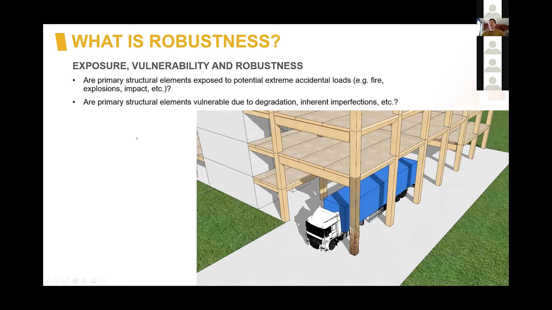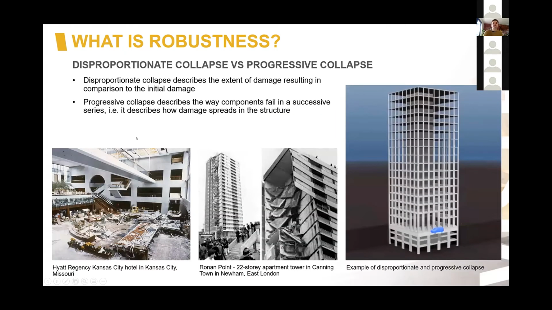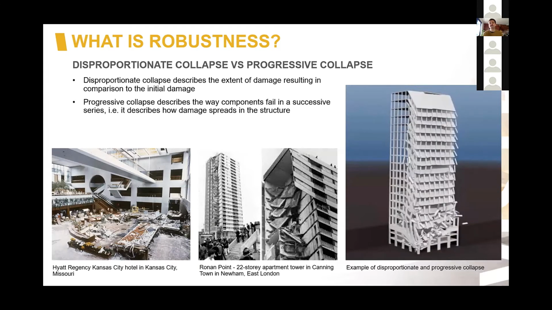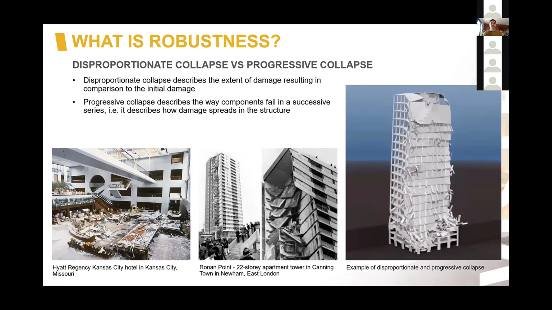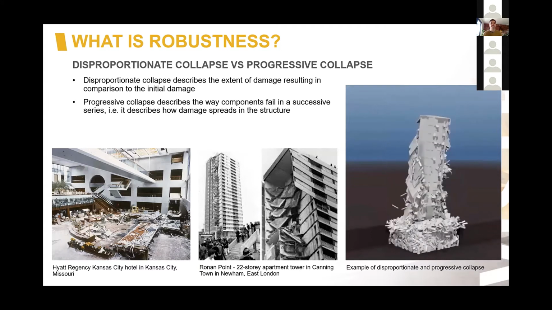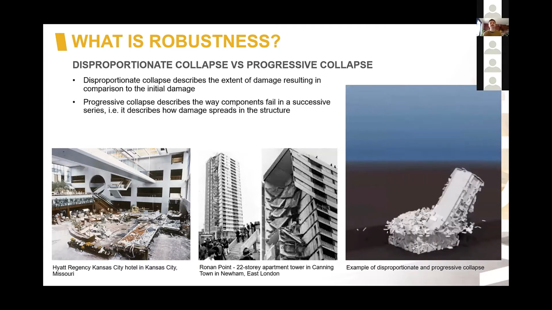Then just to give you some examples on disproportionate collapse and progressive collapse and the difference. Here you can see on the left an example of the Hyatt Regency Kansas City Hotel.